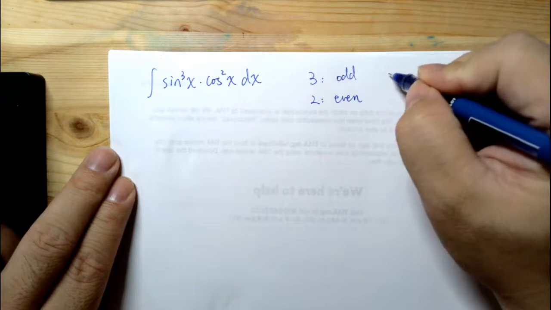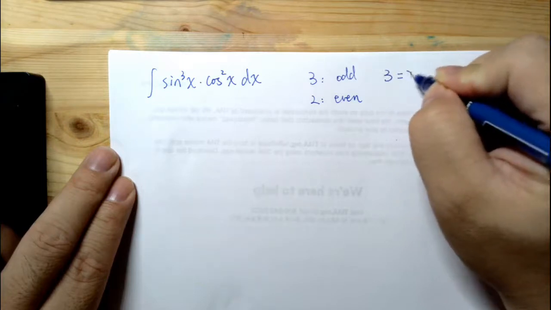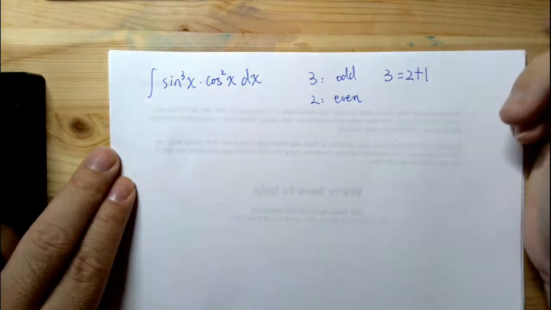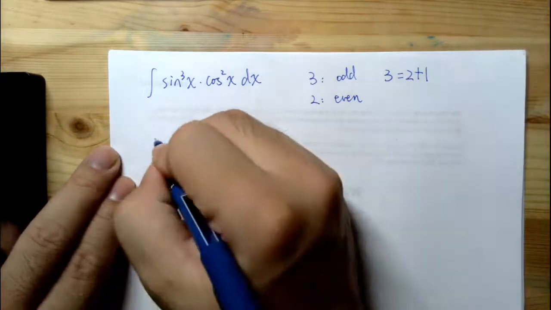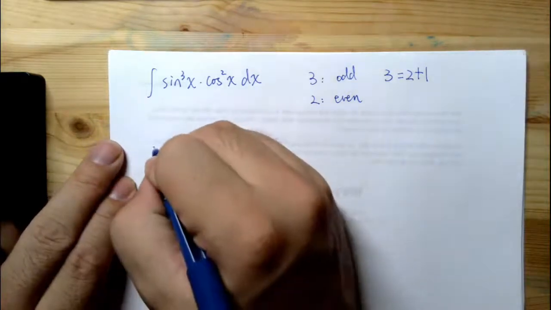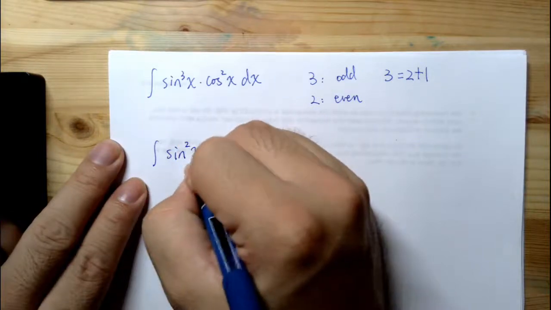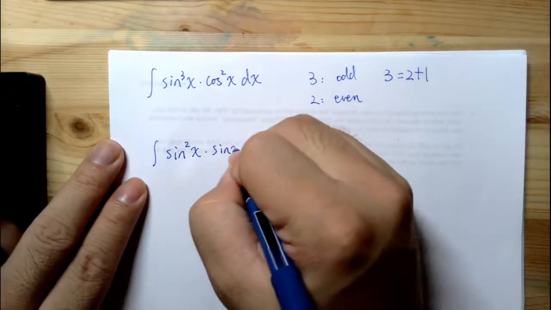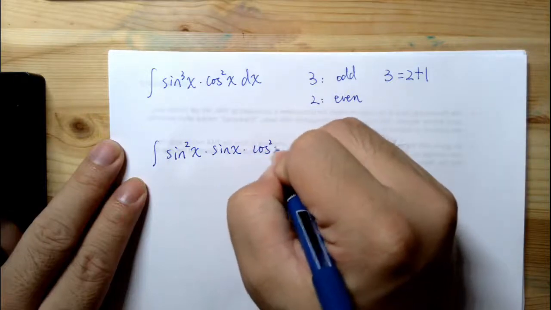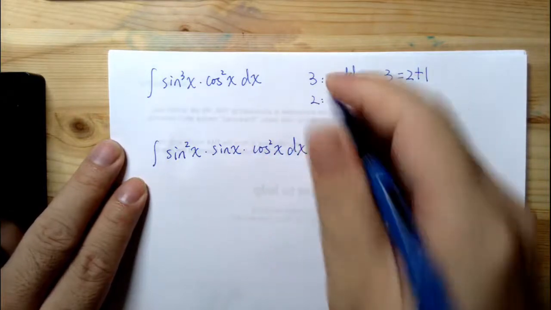In other words, you can see that 3 equals 2 plus 1. Why we do that, I'm going to explain in a minute. If we do that, we have sine squared x times sine x, and then times cosine squared of x dx here.